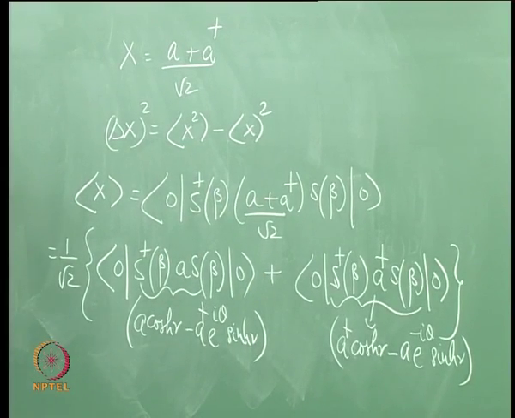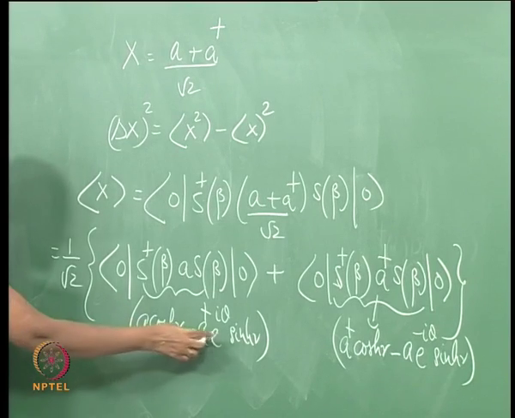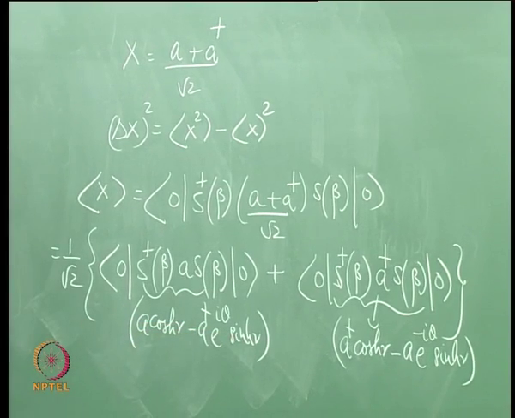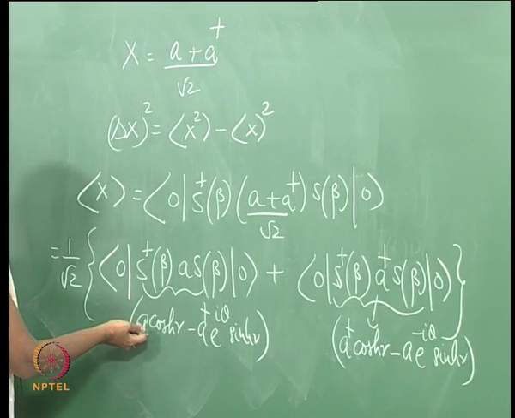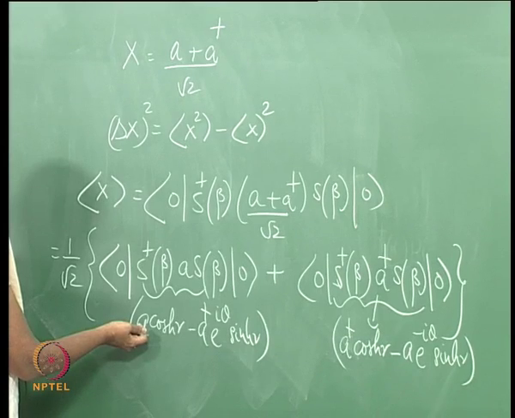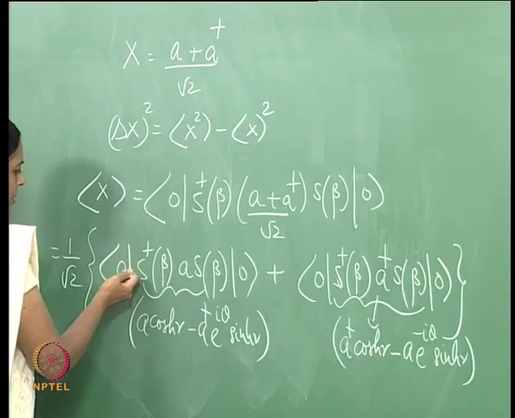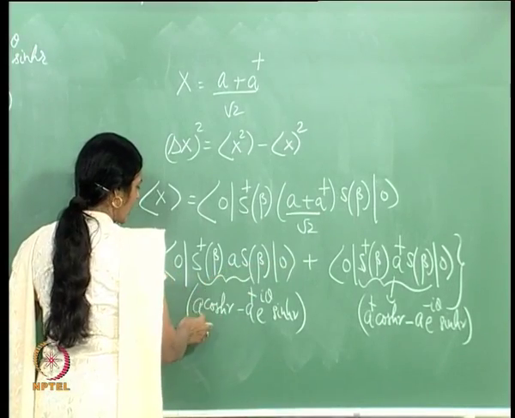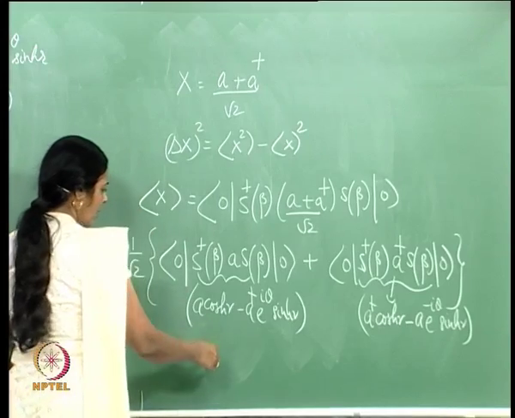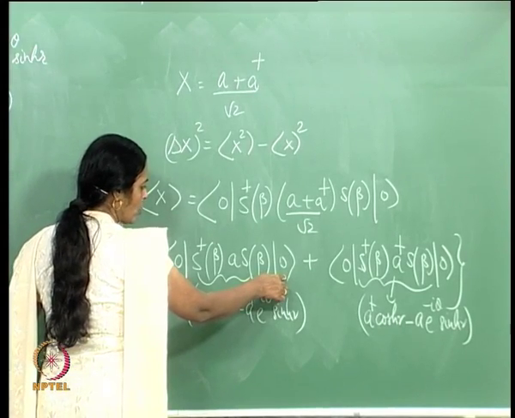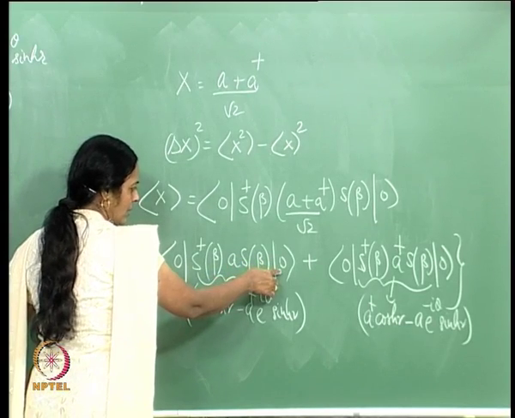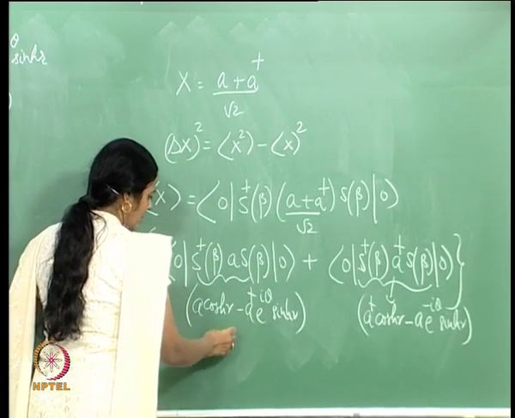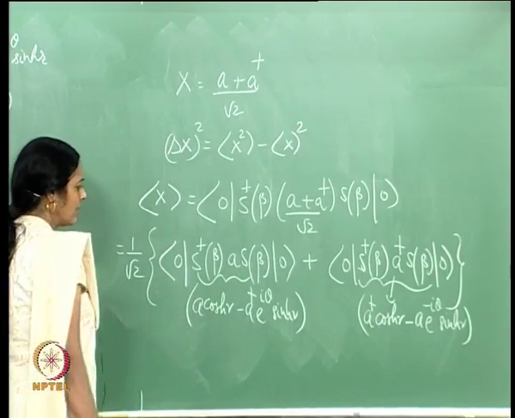What would this give us? These are numbers. Cos HR, sin HR, e to the I theta are merely numbers. So, here I have the expectation value of A in the state ket 0, and that is 0 because A annihilates ket 0. Now, A dagger acts on ket 0 to give me ket 1, but bra 0 is orthogonal to ket 1, and therefore, the contribution from here is 0.